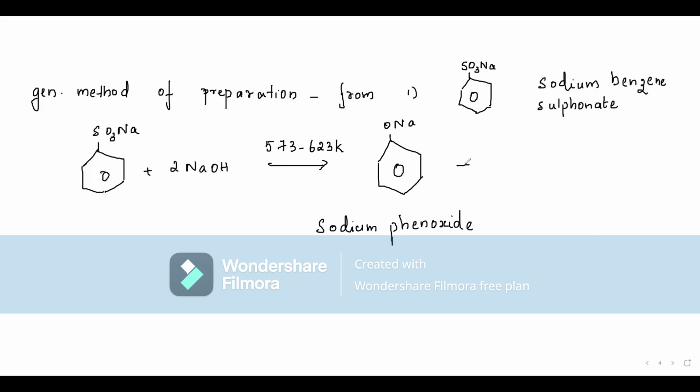Now, sodium phenoxide is then treated with dilute hydrochloric acid. You will be getting the benzene ring with OH, phenol. So this is a general method of preparation from the sodium salt of benzene sulfonic acid, or sodium benzene sulfonate.